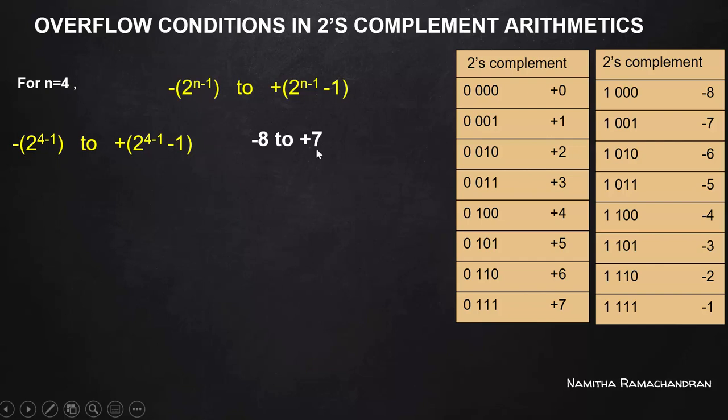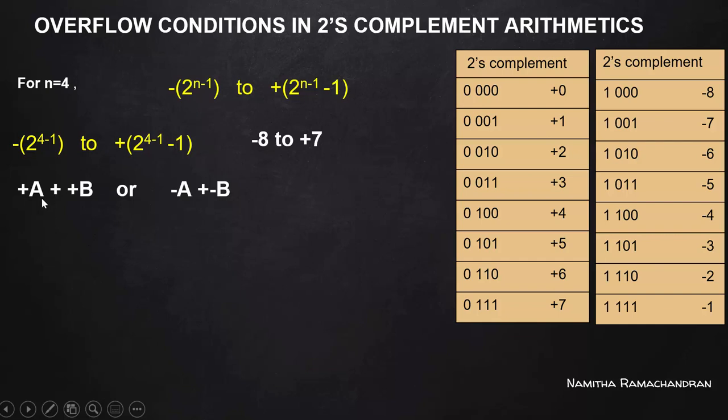This is the range of values available using n equal to 4. That is minus 8 to positive 7, and these are the values listed here in this table. Now, whenever does an overflow or underflow condition occur when performing addition?